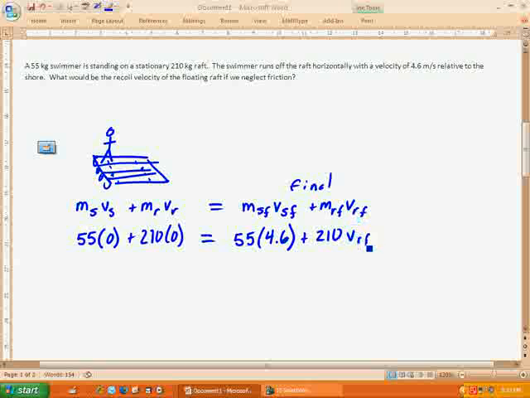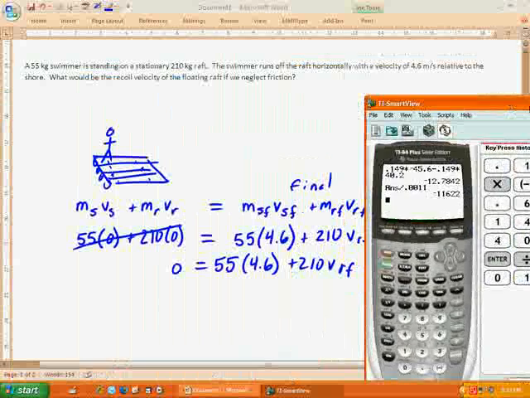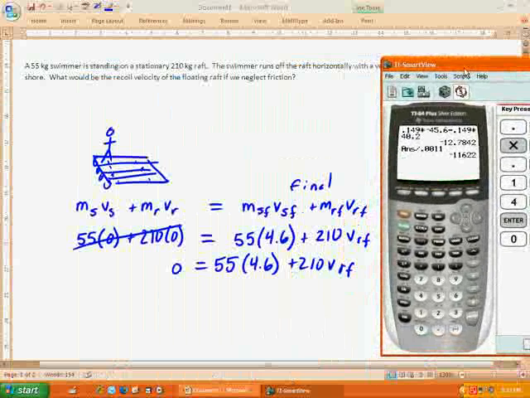And so it should be fairly obvious that this is all going to be 0 since you're multiplying by zeros and adding zeros. So we're going to end up with 0 equals 55 times 4.6 plus 210 velocity of the raft final. So we subtract the 55 times 4.6, divide by the 210, and you should be fairly confident being able to do this.